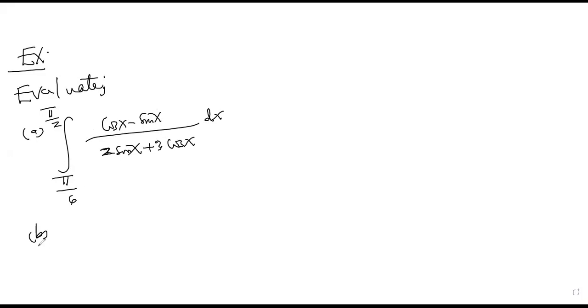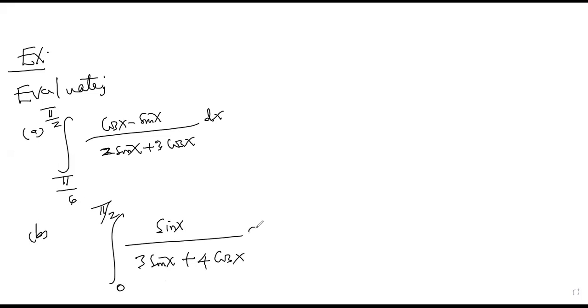B, the integral from 0 to pi over 2 of sine x over 3 sine x plus 4 cos x dx.